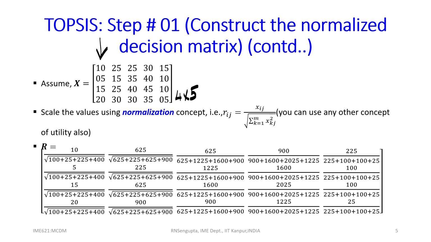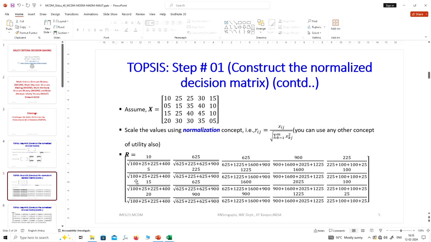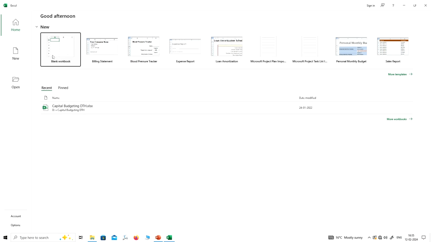When I do that, obviously these normalization factors are to be considered. So, let me do the normalization in an Excel sheet. It will be easier and understood by all. I will take a very simple problem.